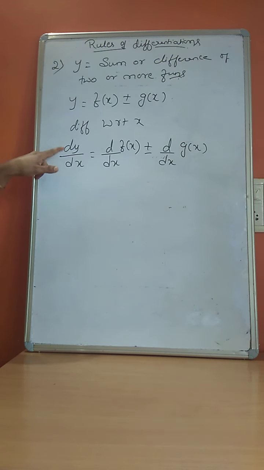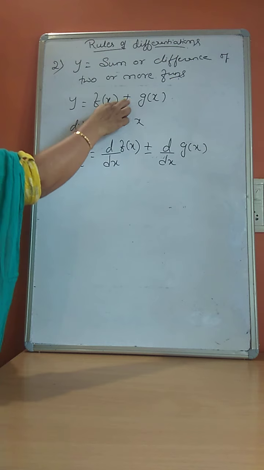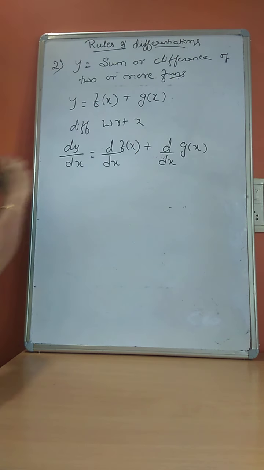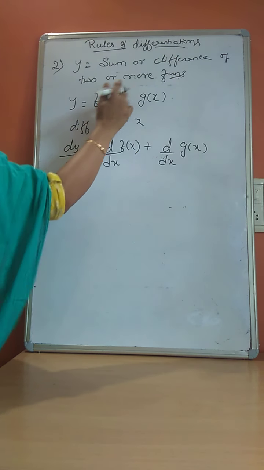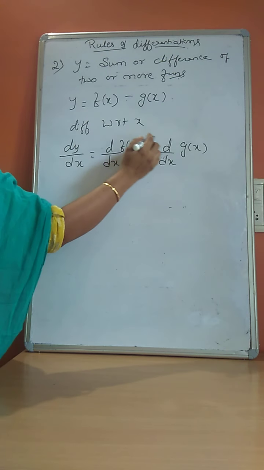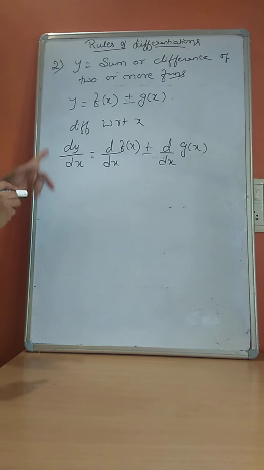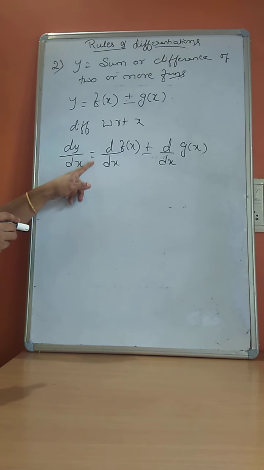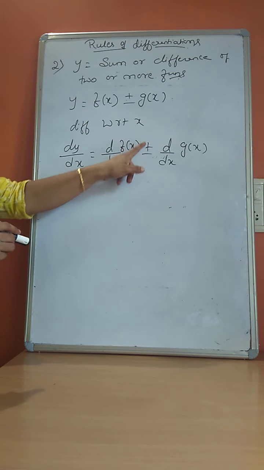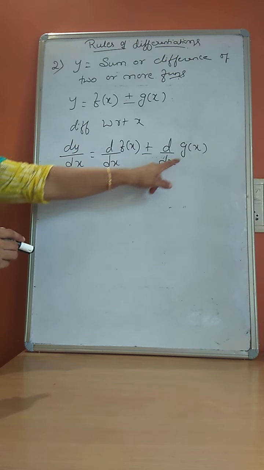If the function is plus, write plus; if minus, write minus. That's why we write plus or minus.